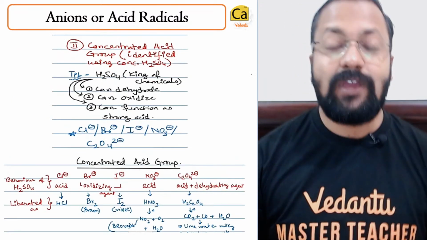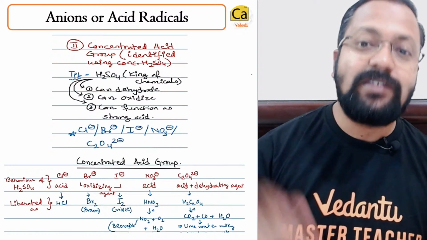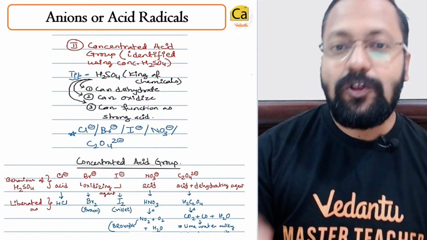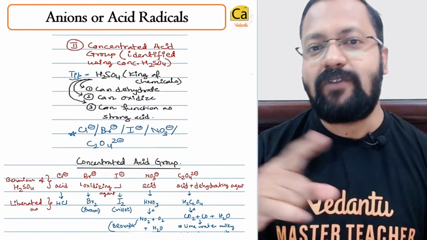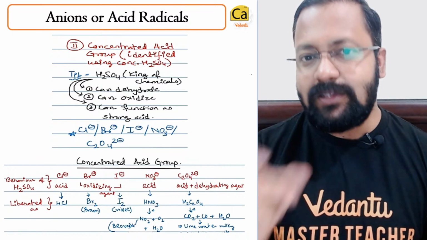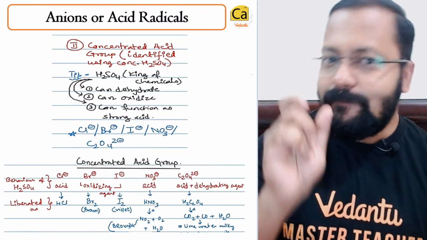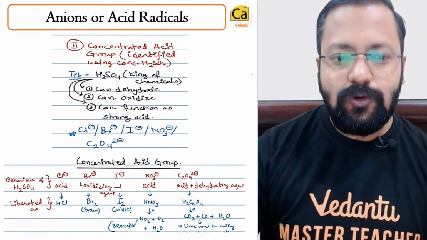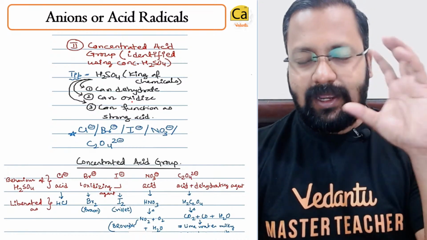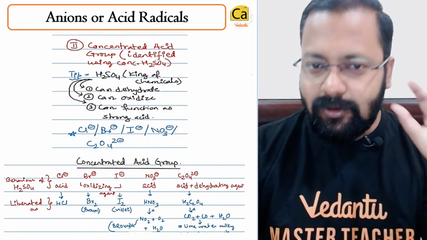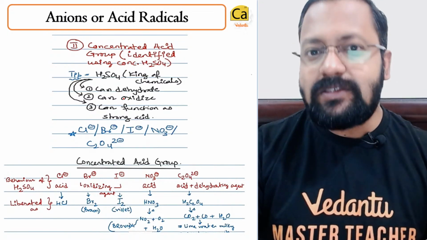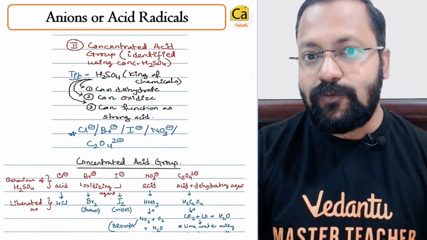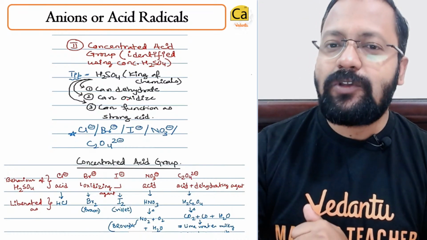Next, we have the concentrated acid group. The concentrated acid group includes those anions which are derived from strong acids, and thus these anions turn out to be weak bases. And so the concentrated acid group has the group reagent as concentrated H2SO4. Why concentrated H2SO4 is being used?